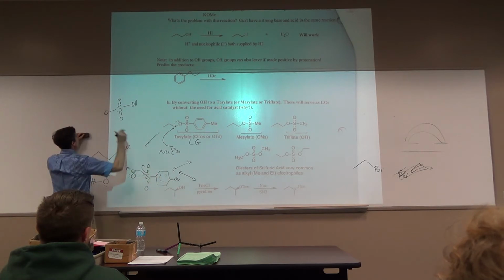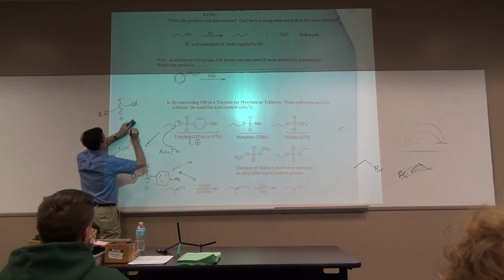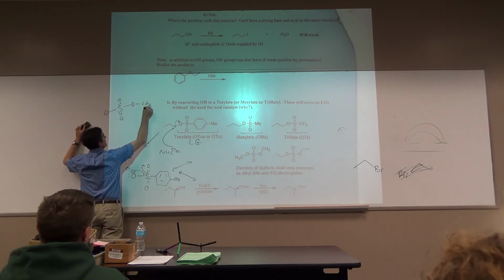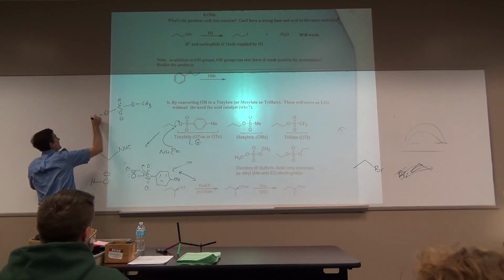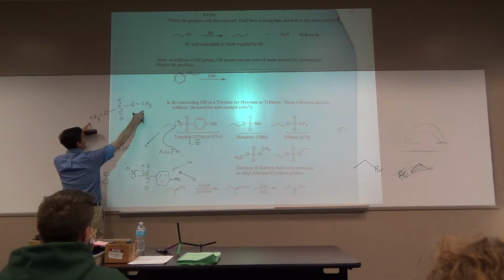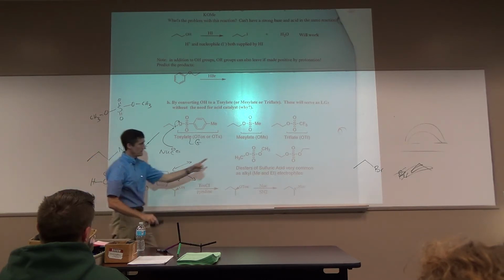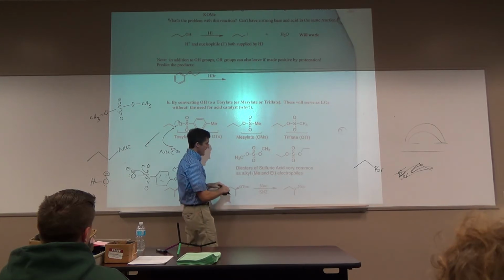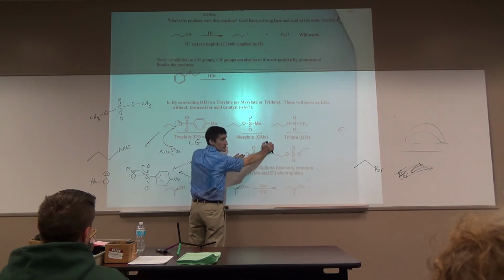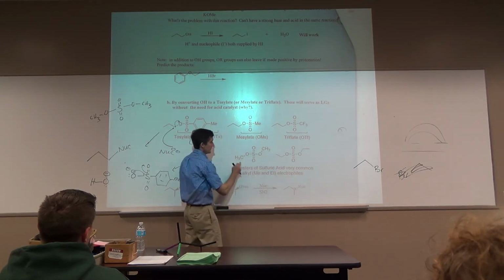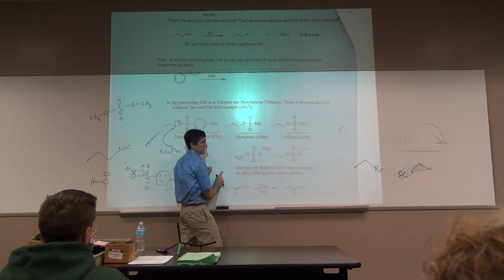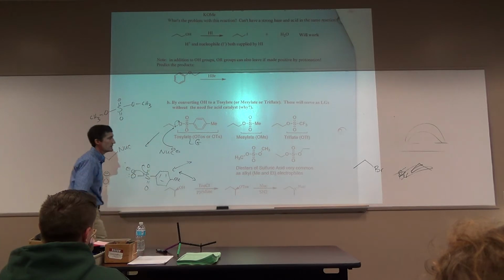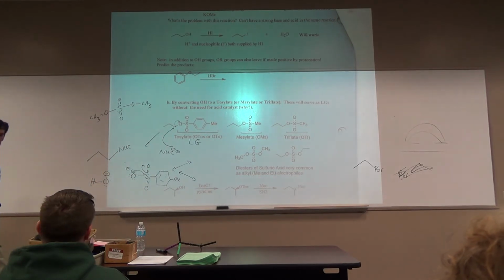If you replace the H's with R groups, such as methyl, this is called a diester of sulfuric acid. Well, this is called dimethyl sulfate. Diethyl sulfate. These are potent alkylating agents.